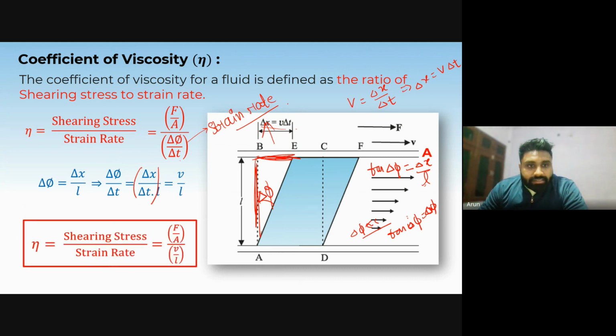Now, eta will be shearing stress by shearing strain rate, F upon A upon V upon L. This is called the coefficient of viscosity and is represented by eta. This is eta. I will write it here in Hindi. So it is eta. Got it?